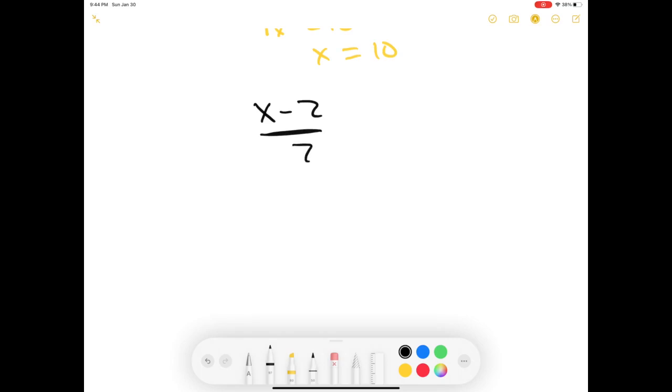Let's try something a little bit more complex and say x minus 2 over 7 equals 2 and use the same theory. Sorry, my 7 was sloppy. So I want to take that denominator and multiply the whole equation by the denominator of 7 to try to get rid of this fraction.